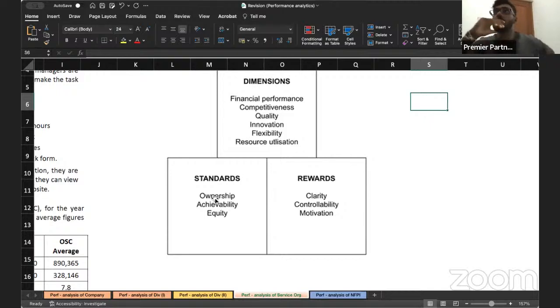Ownership. Give managers the accountability and responsibility to achieve whatever targets. Give them the chance. Let them take ownership. Do you understand that?